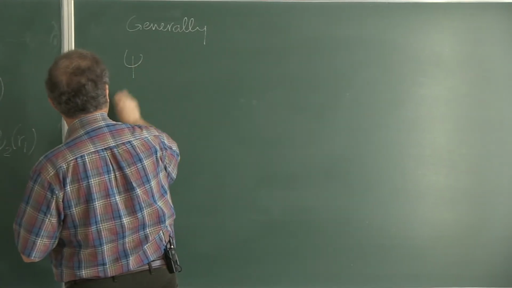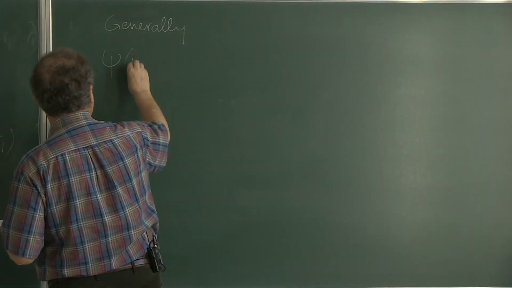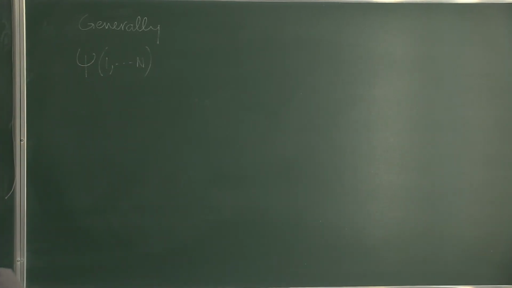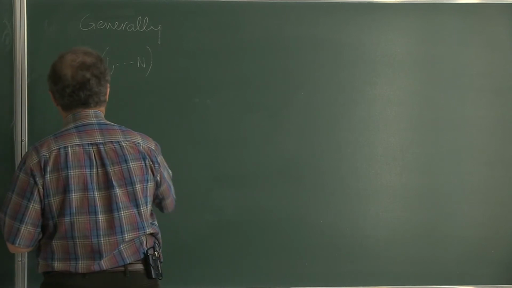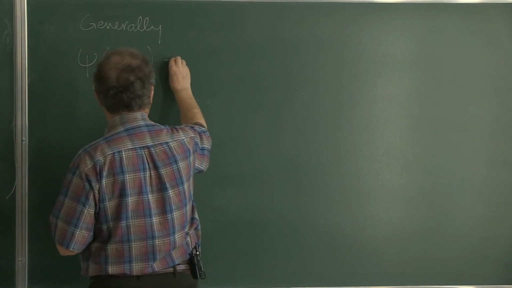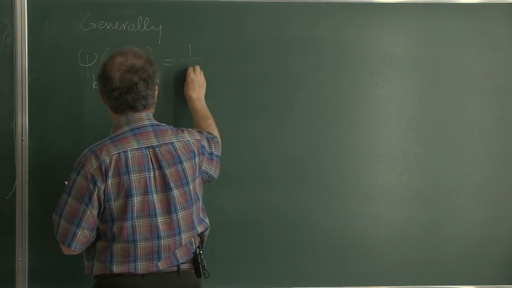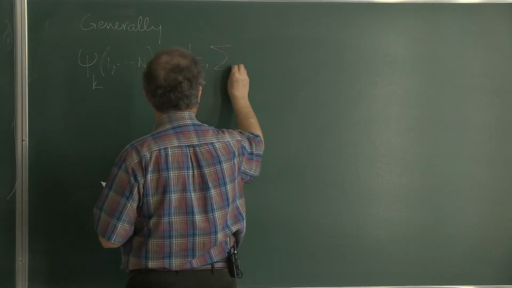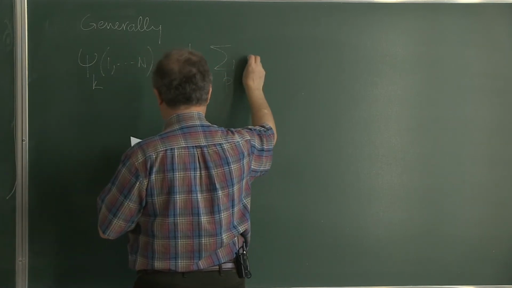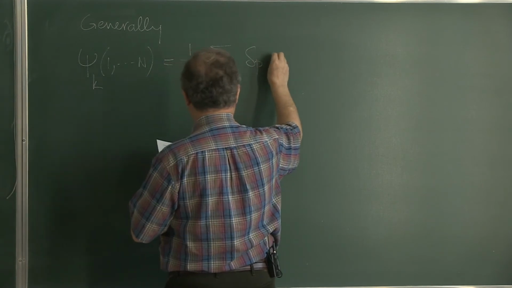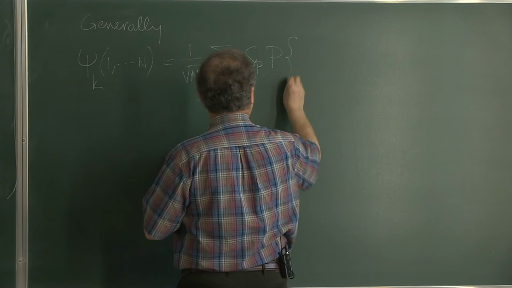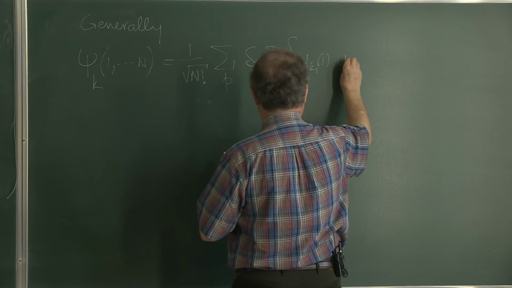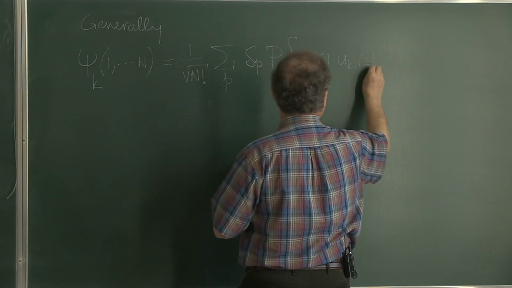The wave function, number of particles n, or the kth state, 1 over square root n factorial, normalizing function, delta p, p, and u k1, 1, u k2, 2, etc.